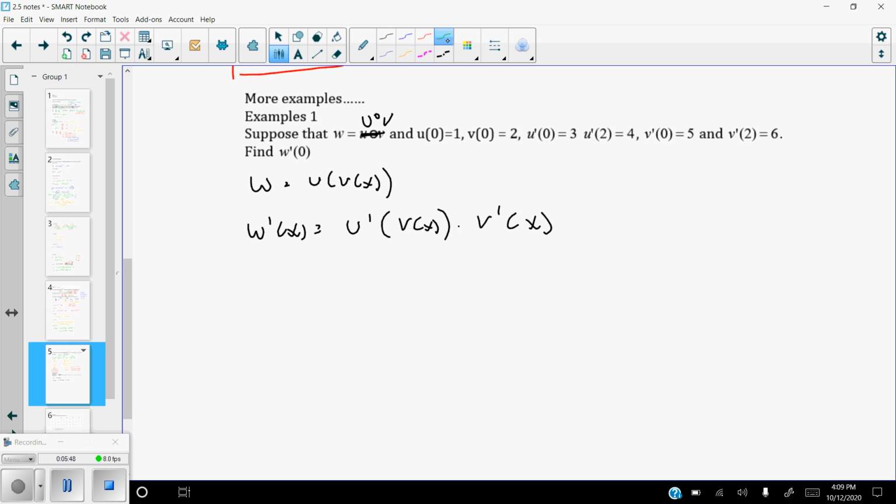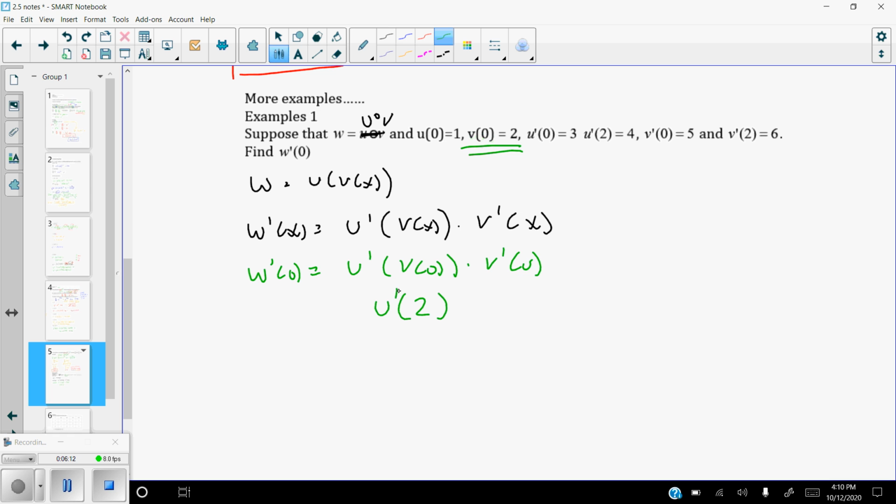Now I want to find W prime of 0. Well, all that means is take 0 and replace it where the X's are. So it's U prime of V of 0 times V prime of 0. We can fill in some of the information. We know what V of 0 is. They gave that to us right there. V of 0 is 2.